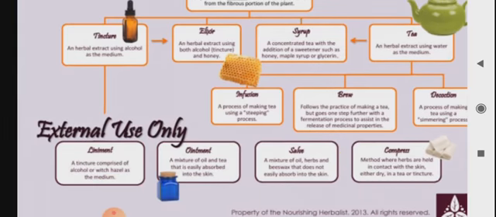Liniment, that is prepared by using oils, turpentine oil or any other suitable oil, mainly used as a counter irritant, means apply on an affected part of body just to relieve pain or inflammation.